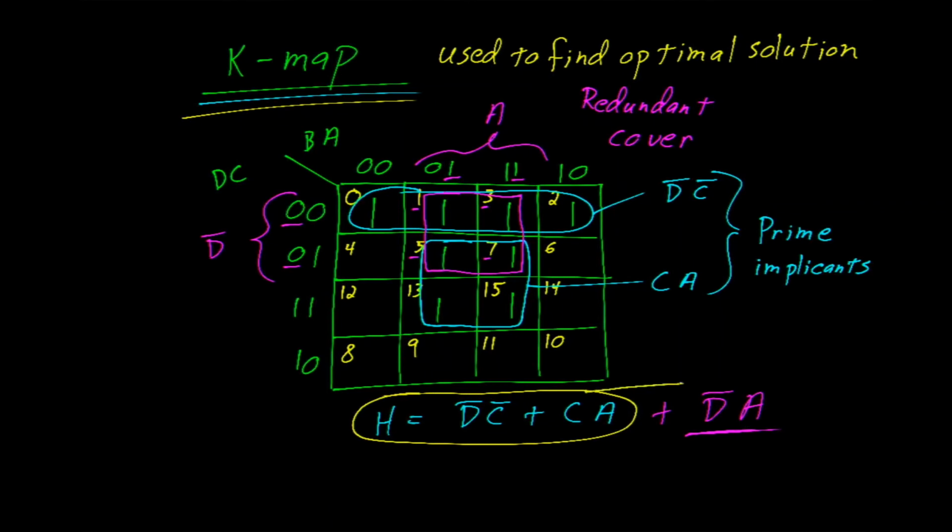This also allows us to see that this term, this D0, A0 term, can be part of the circuit, but it's not absolutely necessary because every minterm is covered by D0, C0, or CA. There will certainly be more to follow as we continue on with these discussions.